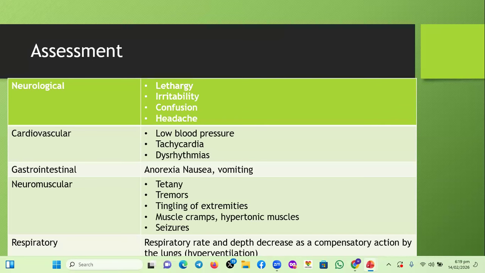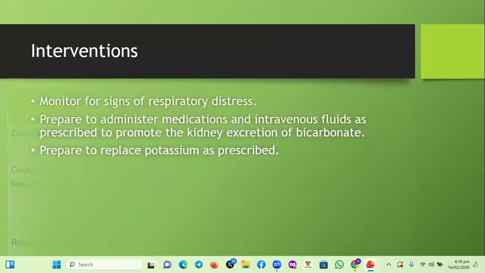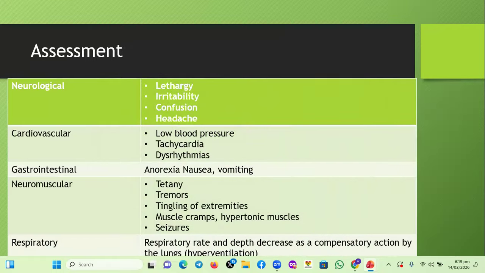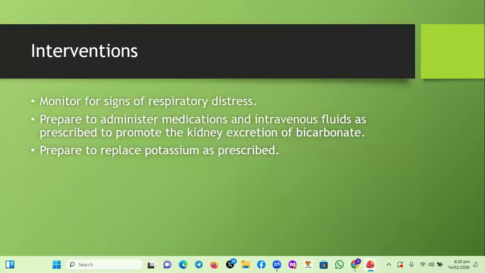So you realize that respiratory rates decrease in order to retain carbon dioxide so that it will neutralize the alkalotic state. But if the compensatory mechanism fails, hyperventilation will occur.